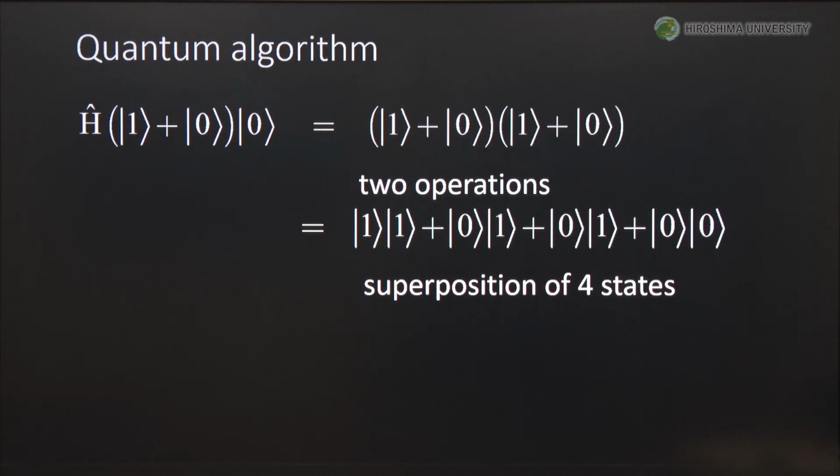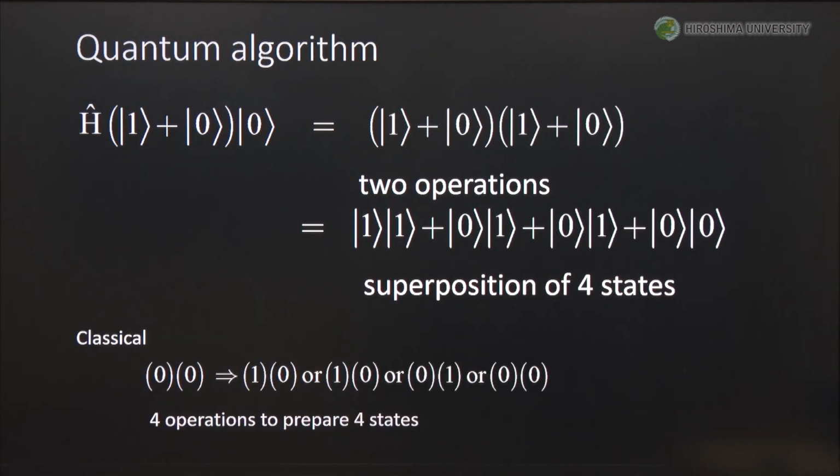So the point is that we can get this superposition of the whole state by only 2 operations. If we imagine a classical computer, if we want to prepare this combination of these 4 bits, probably we need the whole operations. So this is a kind of property of the quantum algorithm. However, it does not yet explain why the quantum computer is faster than the classical computer.